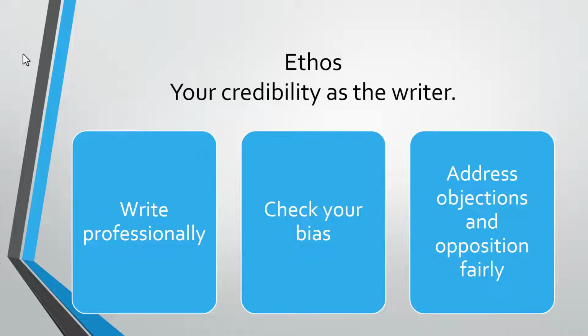If I'm arguing one side of the argument, I need to discuss the other side, and I need to do it in an objective, fair way. I don't need to put them down and say, the other side is stupid or their argument doesn't make sense. I need to look at their argument and fairly represent that argument in my own to discredit their argument.